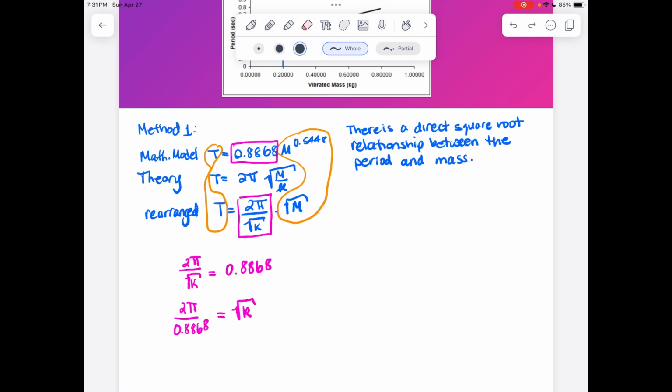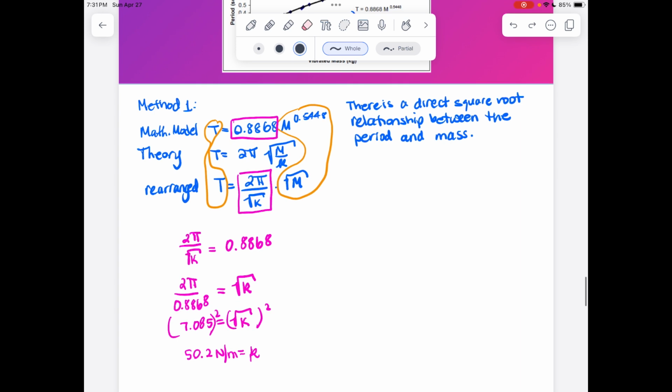So now I just divided both sides by 0.8868 and then multiplied both sides by square root of k. And I can take the 7.085 and square both sides. And then I end up with a value of 50.2. So that's my spring force constant, and that's pretty exact.